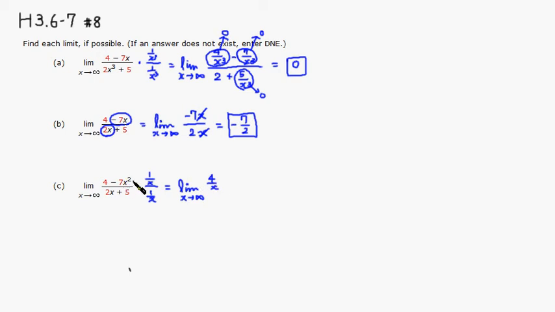Negative 7x squared over x would be negative 7x, since an x cancels out. On the bottom you have 2 plus 5 over x.